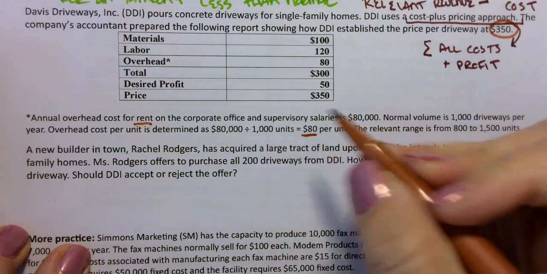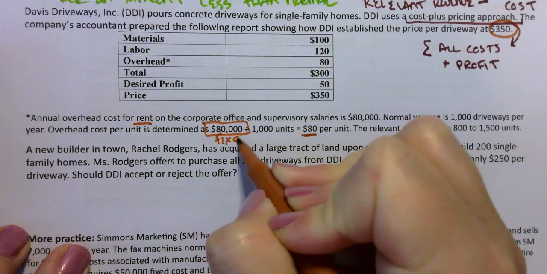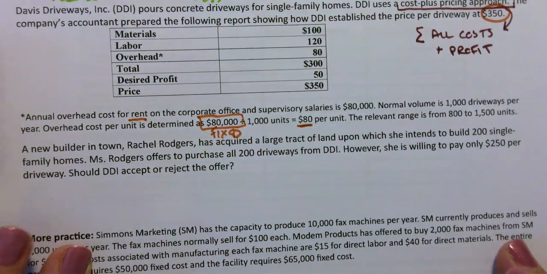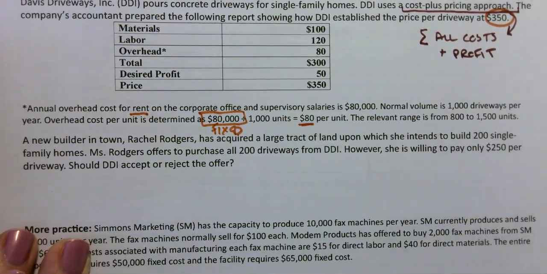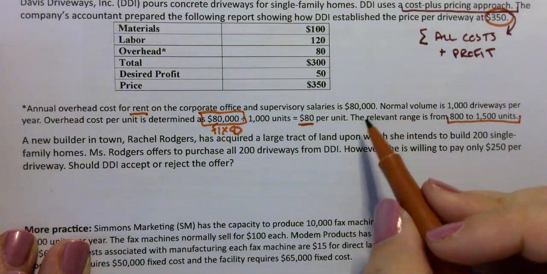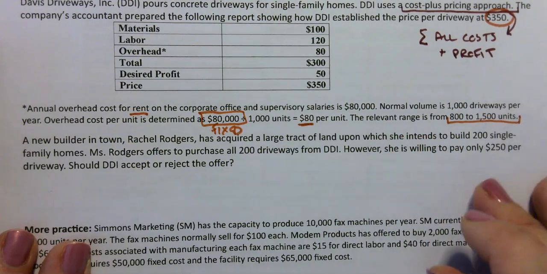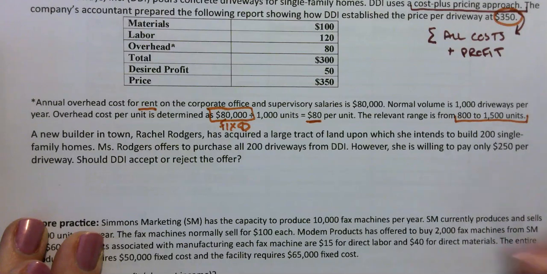They came up with a per unit amount, but this $80,000 is a fixed amount. That's not going to change. It's not dependent on the number of units. The relevant range usually is 800 to 1,500 units, which is a look from the lowest point to the largest point in units relevant in the short run, and that will not change.